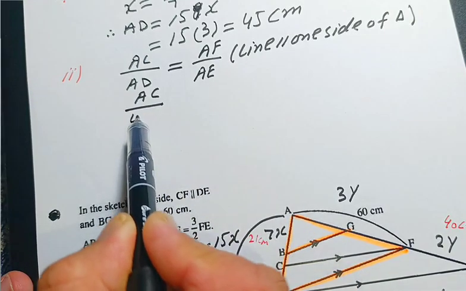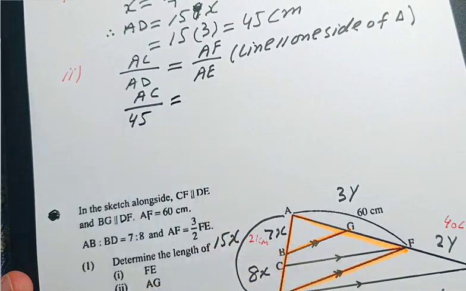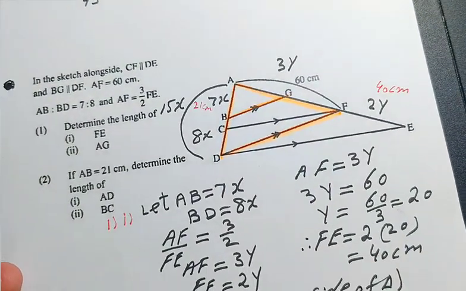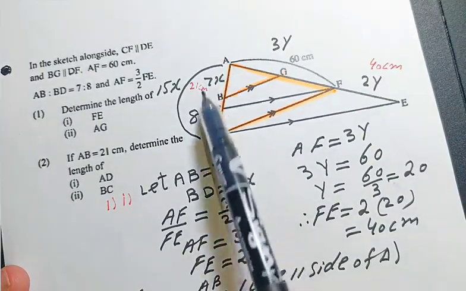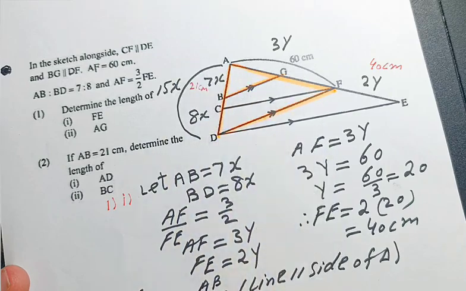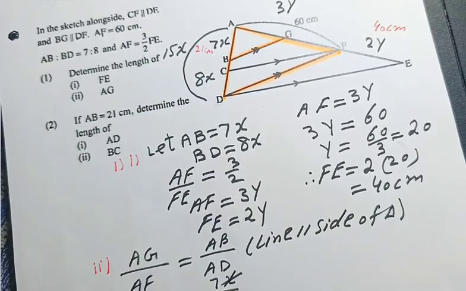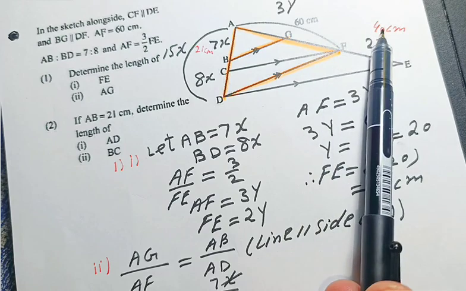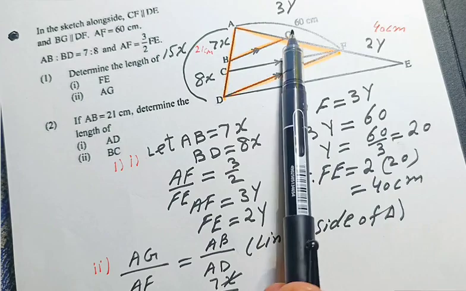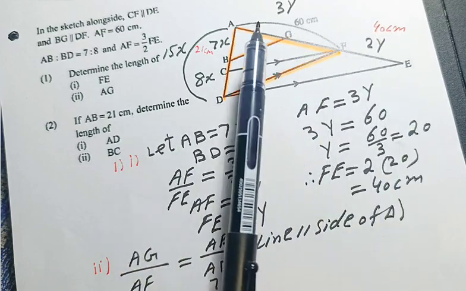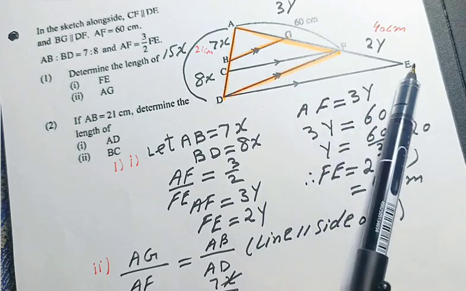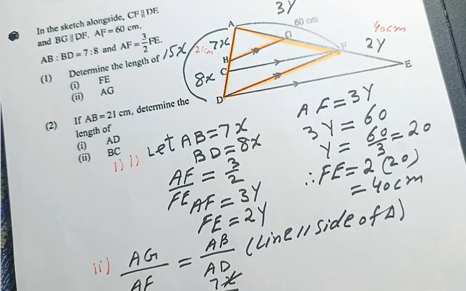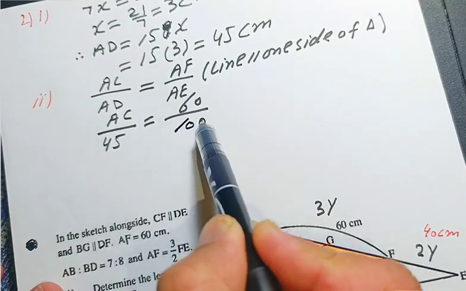So AC over 45 is equal to AF over AE. Very important to look here. A to D we found 45, AF we got 60, and FE we got 40. So the AE is 60 plus 40, which is 100.